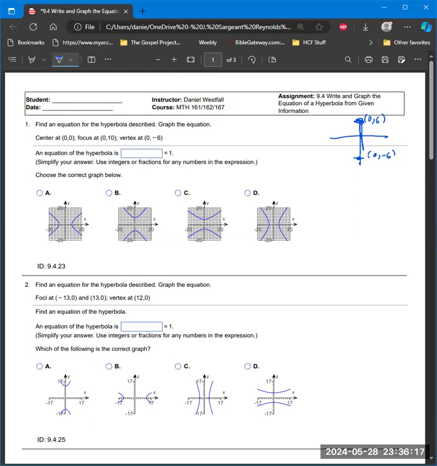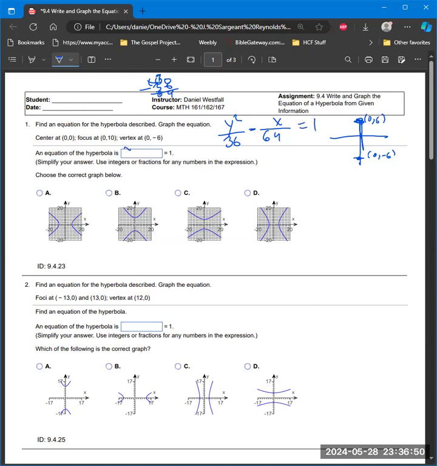So this is going to be y squared over 36 plus, and we want these two things to add up to be 100 so that we can get to 10 for our foci. 100 minus 36 is 64. This is minus, equals 1.